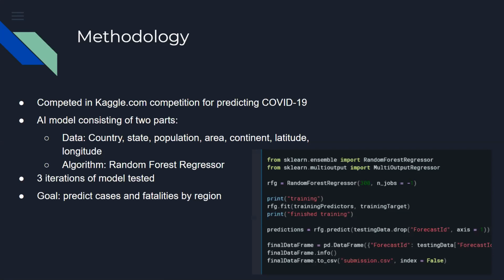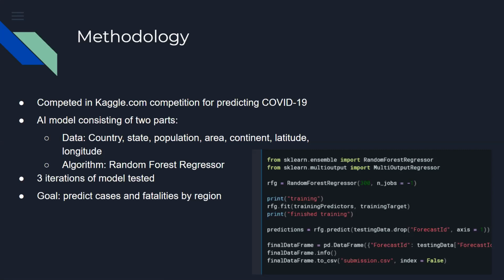In this case, all of our data was provided from Johns Hopkins University data on the spread of COVID-19. That data consisted of the confirmed cases and fatalities in countries and regions throughout the world, starting on individual days in January through March.